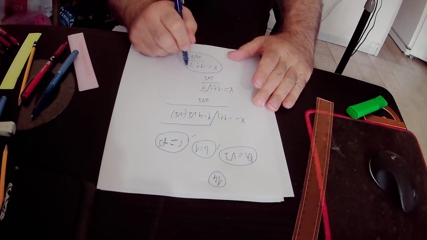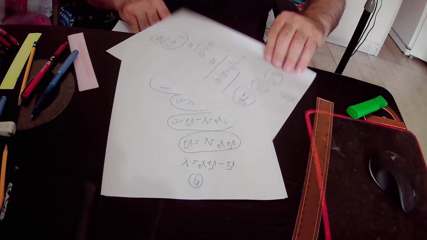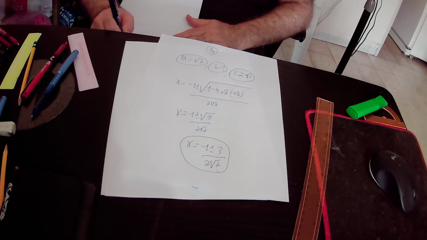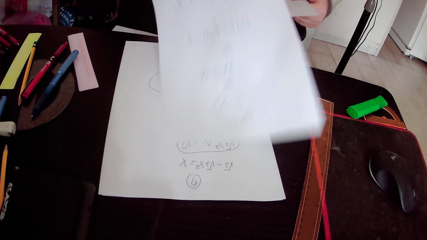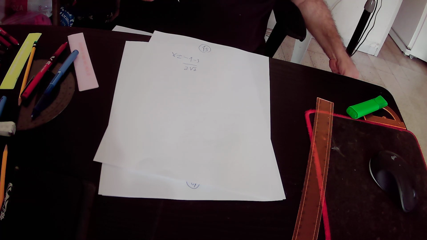We have here two solutions for x, or two roots for x. The first solution is x equals minus 1 minus 3 over 2 times root 2. Okay, this is the first solution for x.